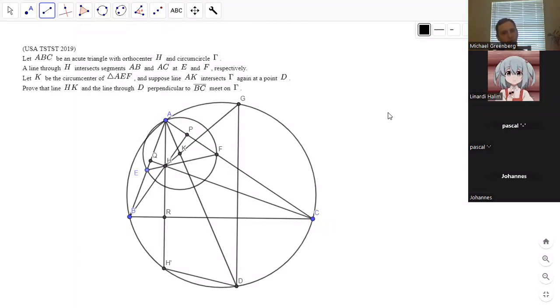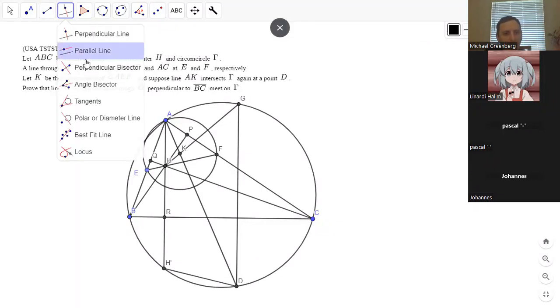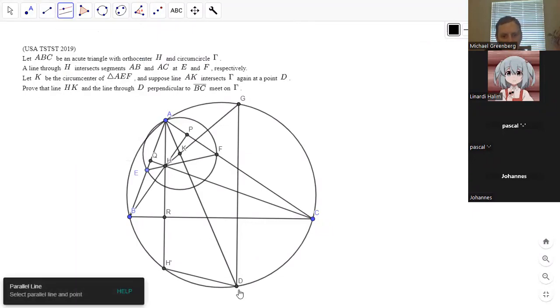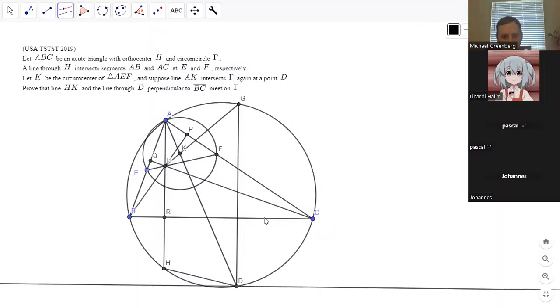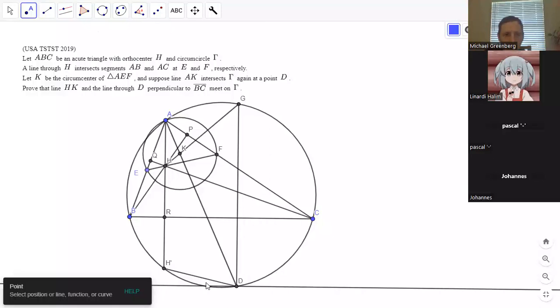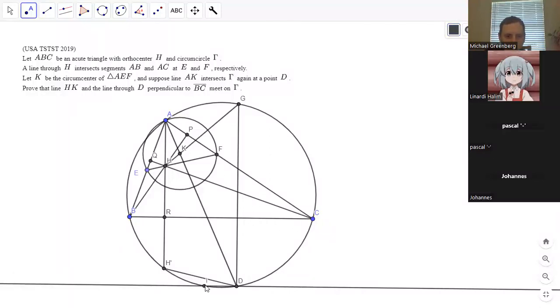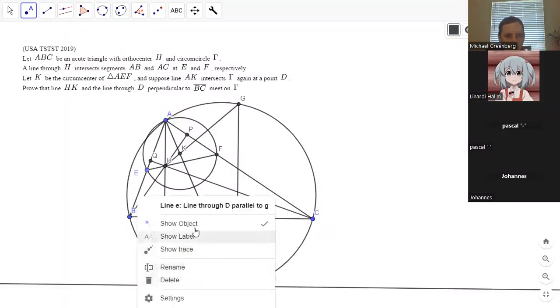And if that's true, there's also another possibly interesting point. If we have, say, D prime on the circumcircle such that D prime is parallel to BC, then D prime is antipodal to the point we want to show, and also AD prime is perpendicular to EF. Actually, that's just all true without having D as the anti-Steiner point, I think.